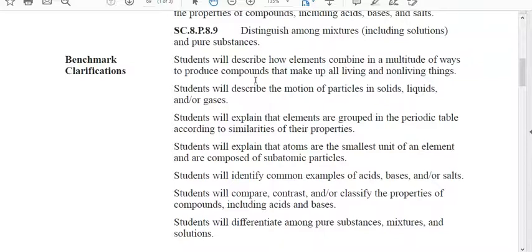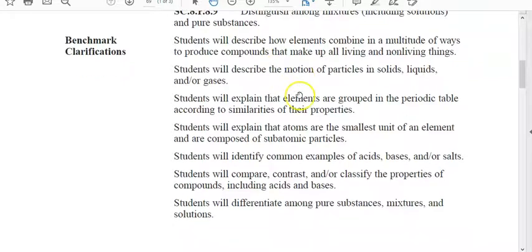These are clarification statements that are written for the benchmark and how the benchmark will be assessed. Test writers utilize these when they were writing the state assessment. So this is kind of like a glimpse as to what would be asked of our students. These are really important to keep in mind because this is all what students will have to do.